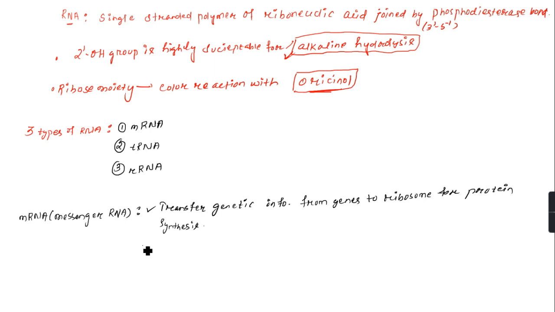Okay. Second point is it is synthesized from heterogeneous nuclear RNA, hnRNA. The synthesis source is hnRNA. hnRNA helps in synthesis of mRNA.